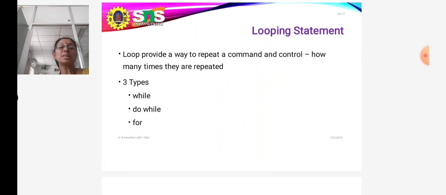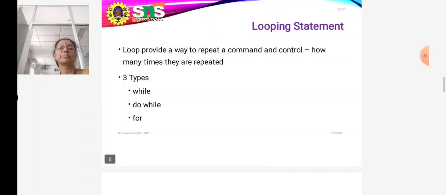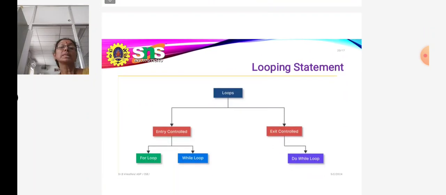Based upon those two major classifications, the looping statements in C are of three types: while, do while and for loop. This is the classification of looping statements. We have two major classifications, entry and exit control.